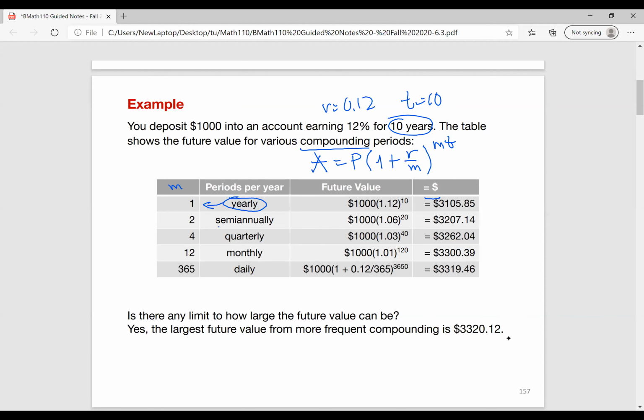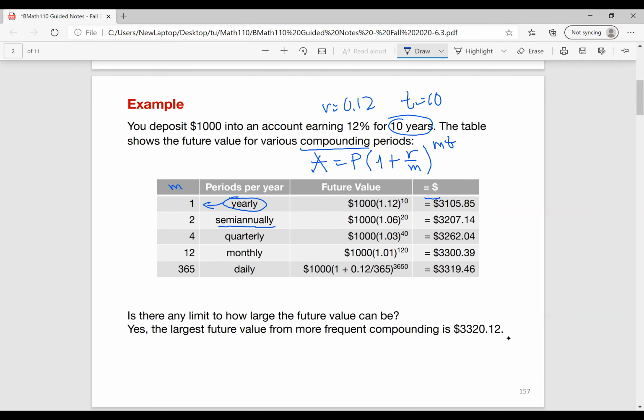Similarly, semi-annually means 2 times compounding in a year. Applying the compound interest formula, you will have 3,207. So it looks like the more compounding, the better the amount you have after 10 years, right?